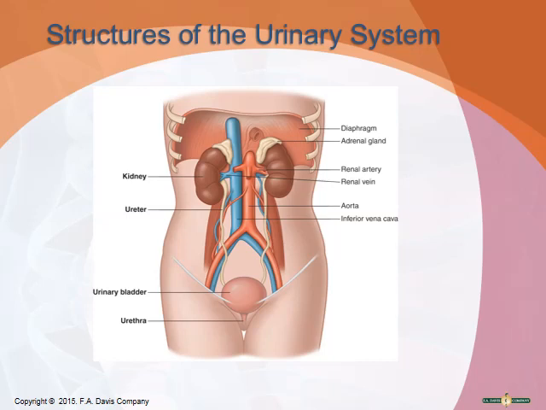You see each kidney has a ureter leaving the kidney, which is bringing urine that was formed down to the storage area, which is the bladder. And we have one bladder and one urethra, which is the exit for urine. So the structures of the urinary system include the kidneys, the ureters, the bladder, and the urethra.